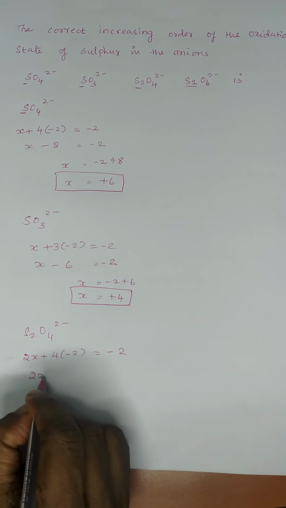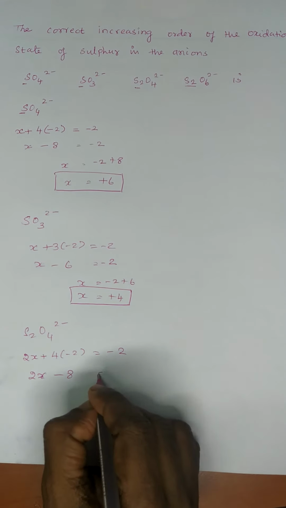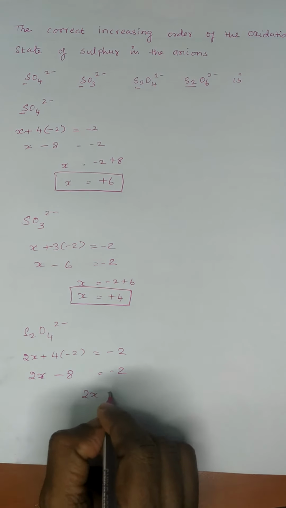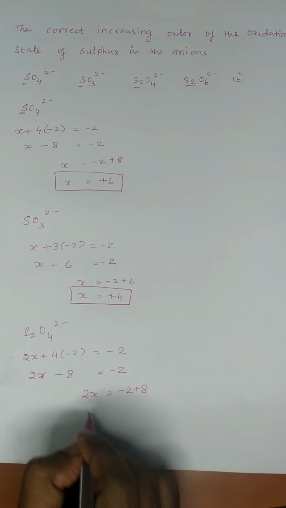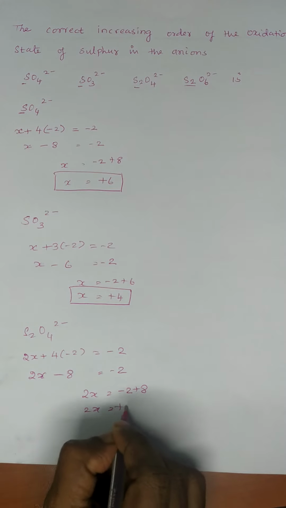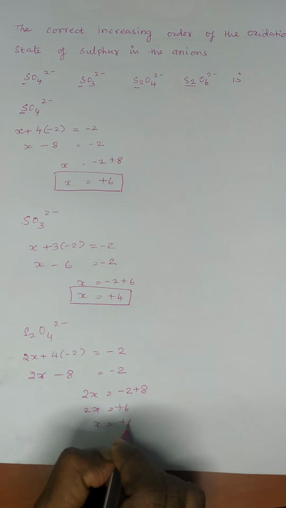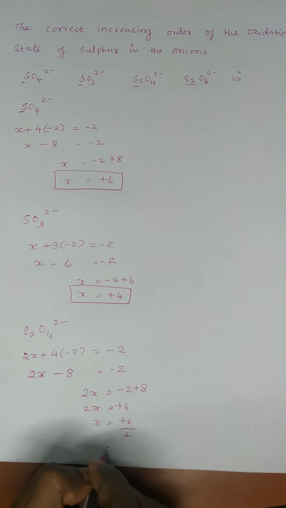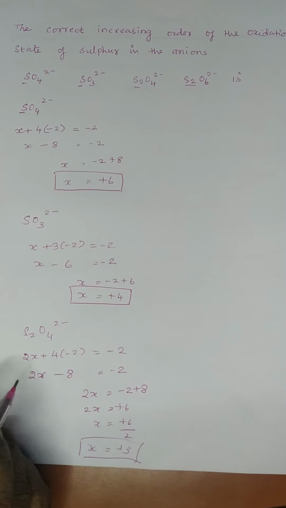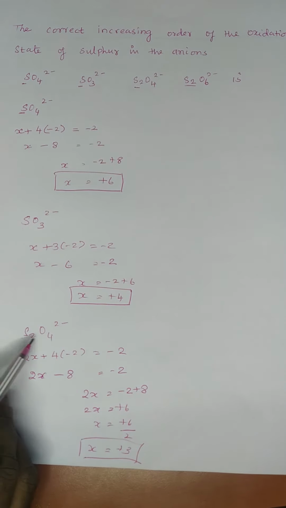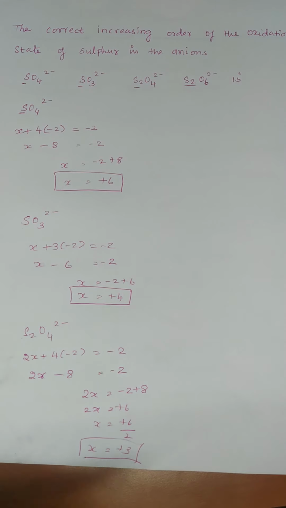So 2X minus 8 is equal to minus 2. 2X equal to minus 2, minus 8 becomes plus 8. So 2X equal to plus 6. X equal to plus 6 by 2, which is equal to plus 3. Here the oxidation state of sulfur in S2O4 2 minus is plus 3.